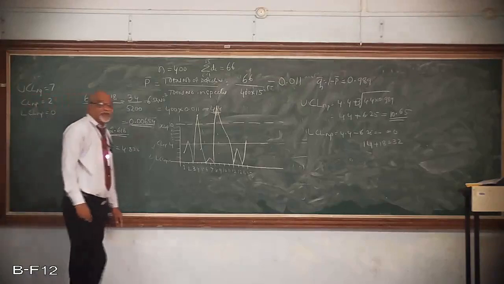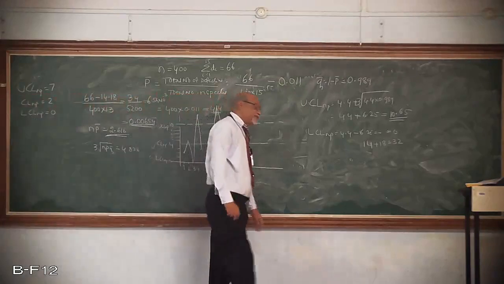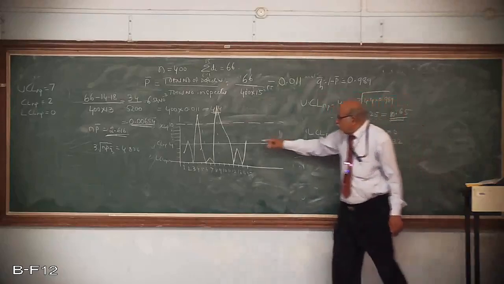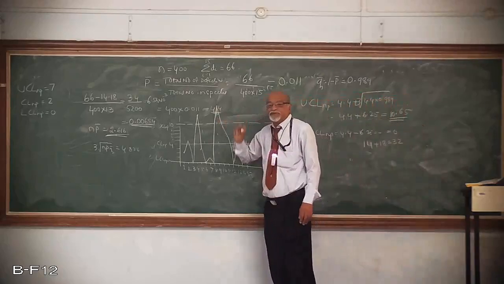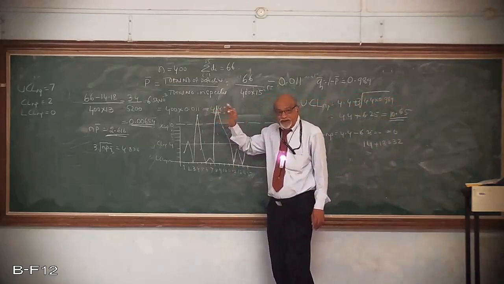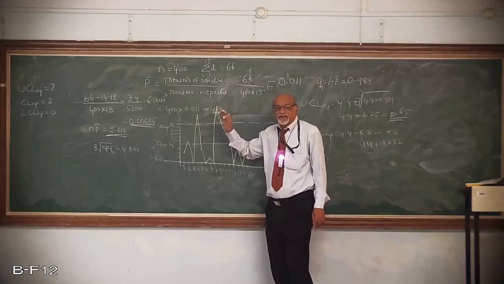Again, this is to be compared. Mind it, we have already eliminated sample number 4 and sample number 9. So all other values should be within 7 defectives.